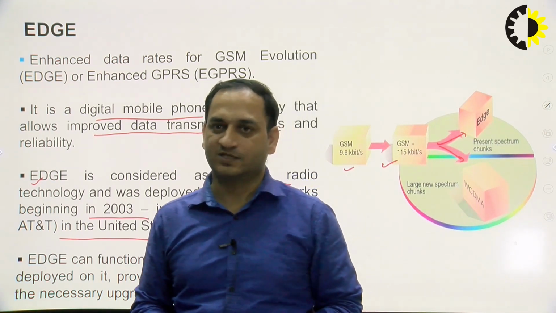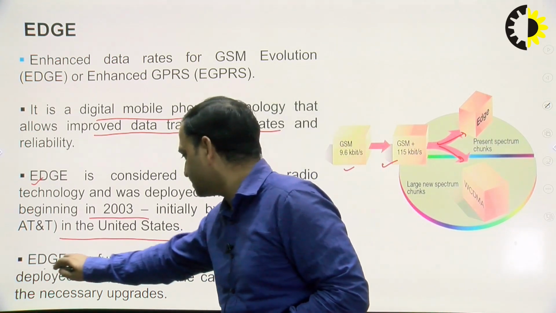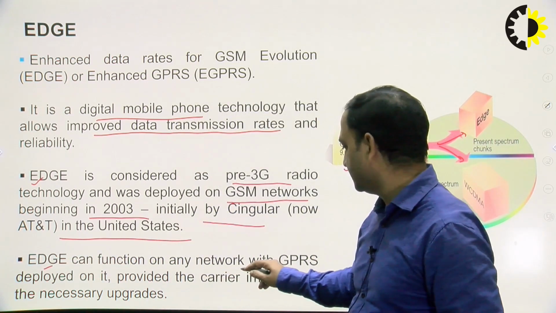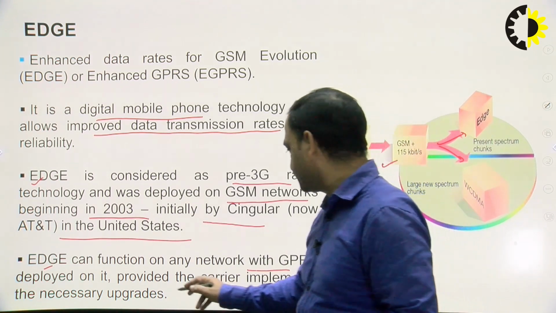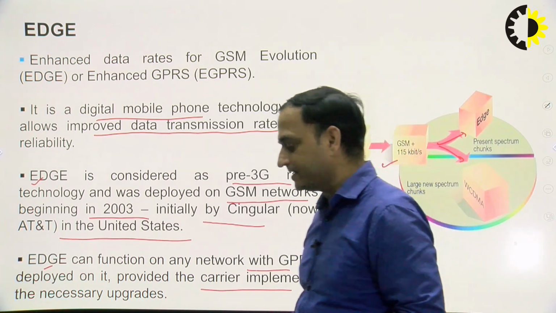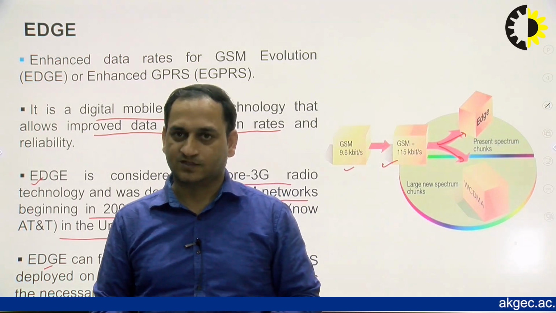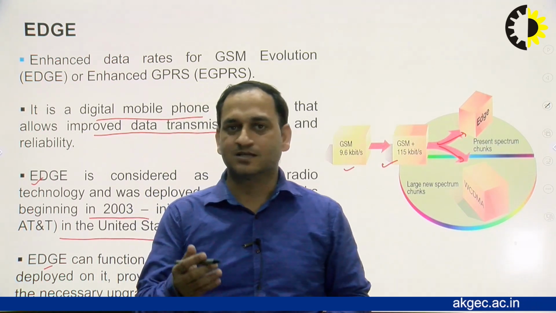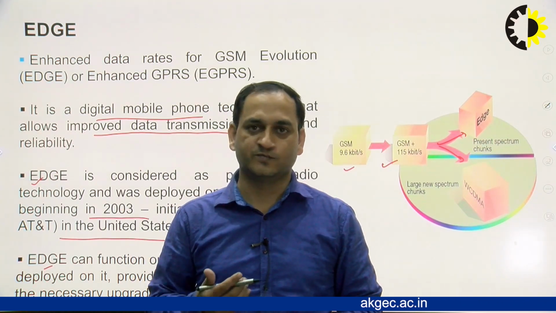In this case, EDGE can function on any network with GPRS deployment, provided the carrier implements the necessary upgrades. That is why this is just before the 3G network, because the 3G network is the UMTS network.